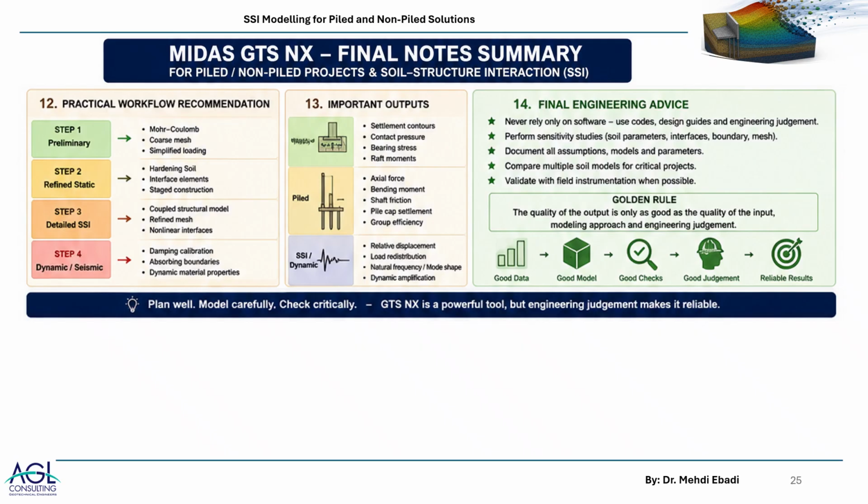And if it is a model that is under dynamic or seismic loads, then those loads need to be added and you get your final soil structure interaction results and deformations, forces, moments, everything for your structural design.